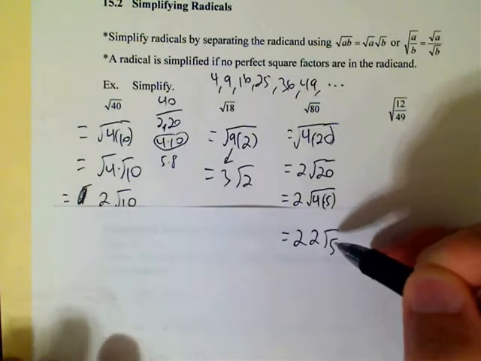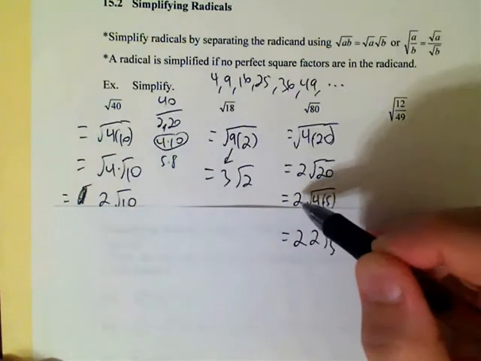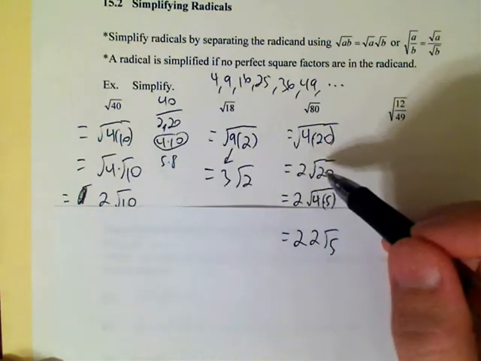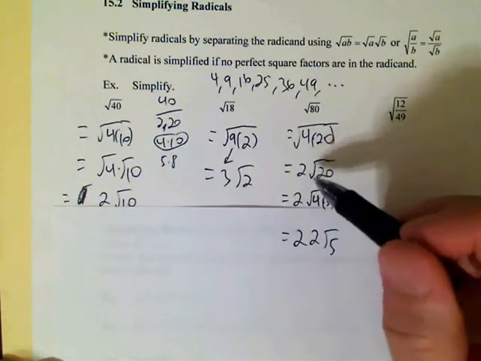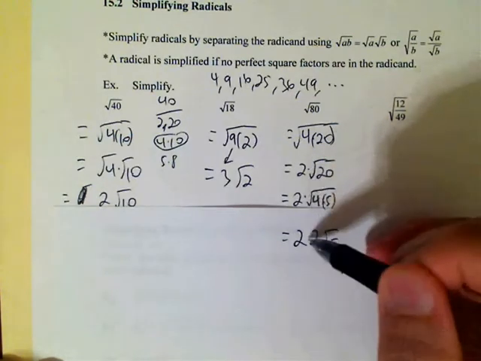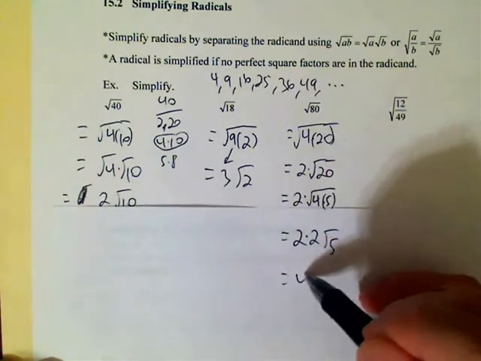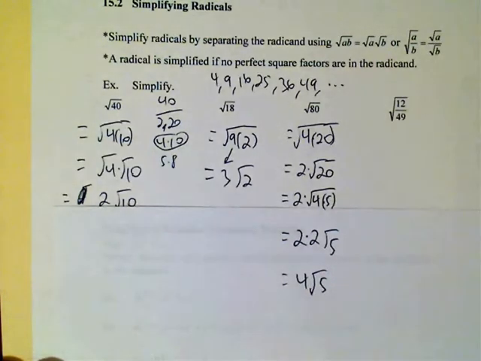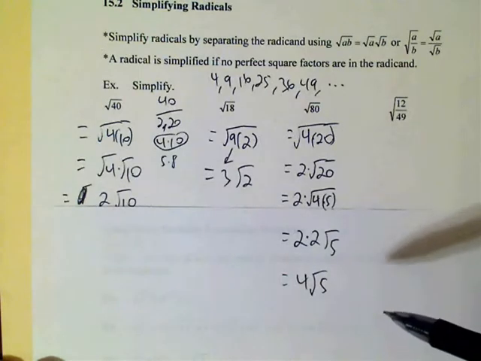Now some people might think this is 22 square root of 5. It's not. Just like with anything else, if you see a number or two numbers separated by parentheses, brackets, square roots, this is multiplication. So this is actually 2 times 2, which is 4, and then the square root of 5 stays. Now, we could have saved ourselves a whole lot of work. Let me show you what I mean.